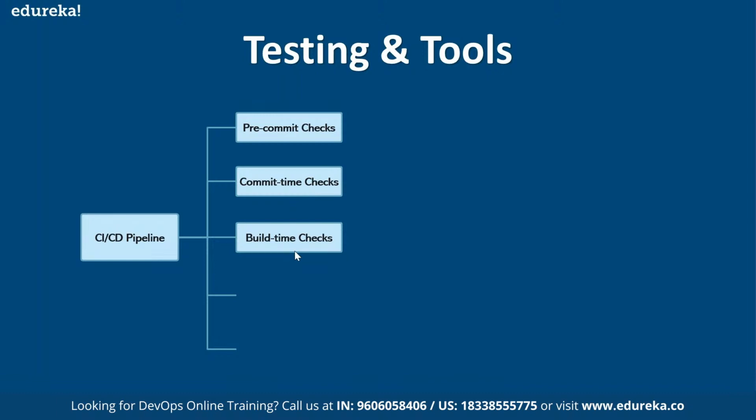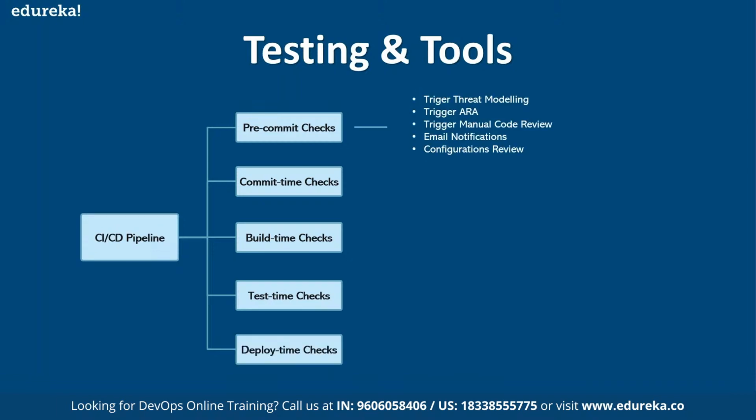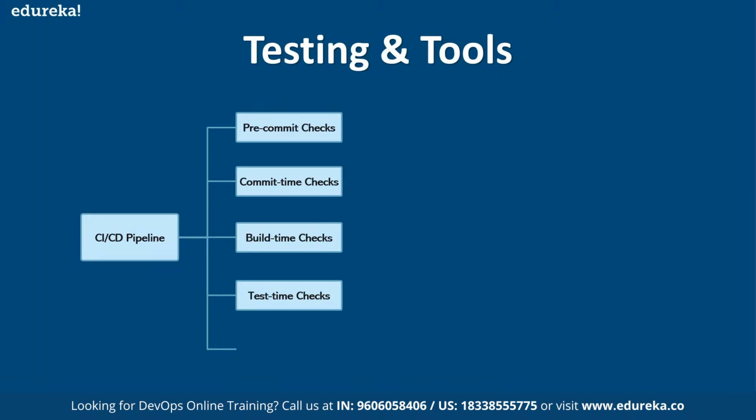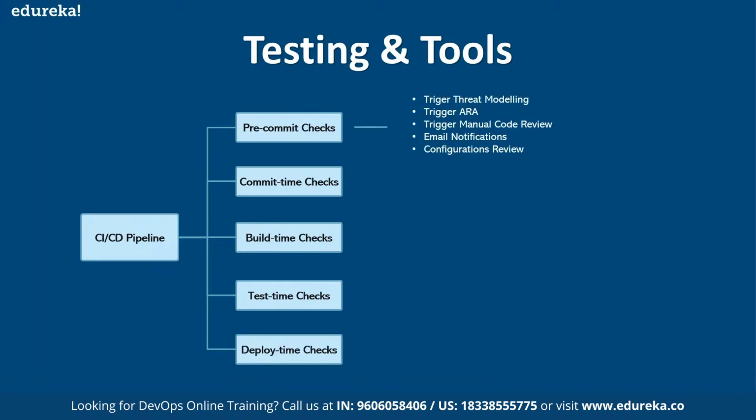Build time checks: when your builds are happening, what checks you want. When you are testing it, what checks you want. When you deploy the code, what checks you want. So pre-commit checks is the time before you commit the code, the moment you commit, the moment you start the build, the moment you test, the moment you deploy your code.